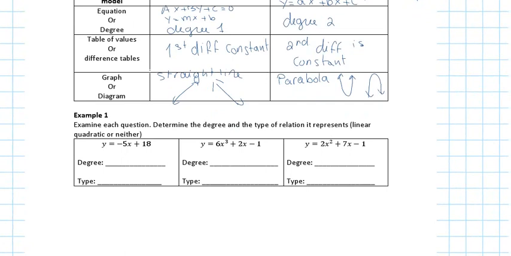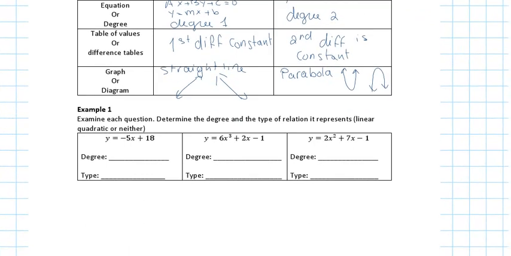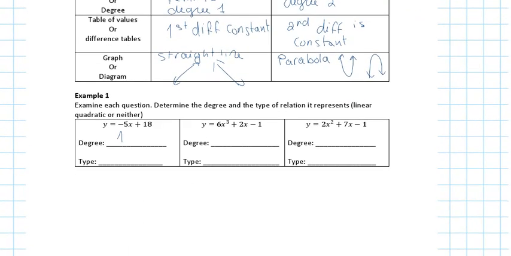So a question could be like this: examine each equation, determine the degree and the type of relation it represents: linear, quadratic, or neither. So if I'm looking at the first one, what can you tell me? What's the degree on this one? Degree 1. So what kind of function is it? Linear. Second one, what's the highest degree?